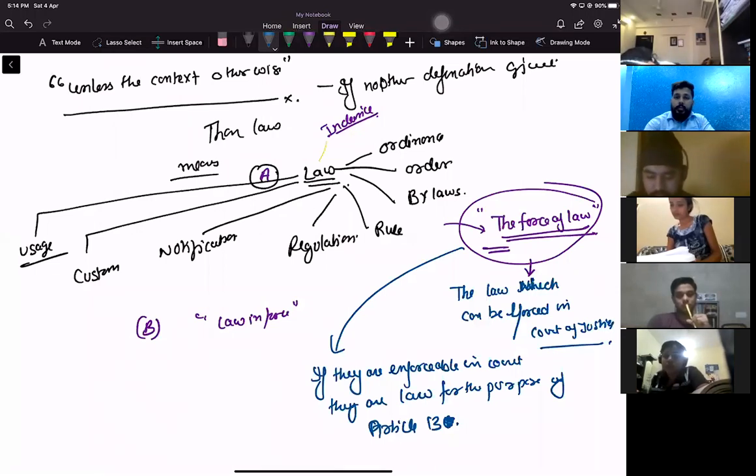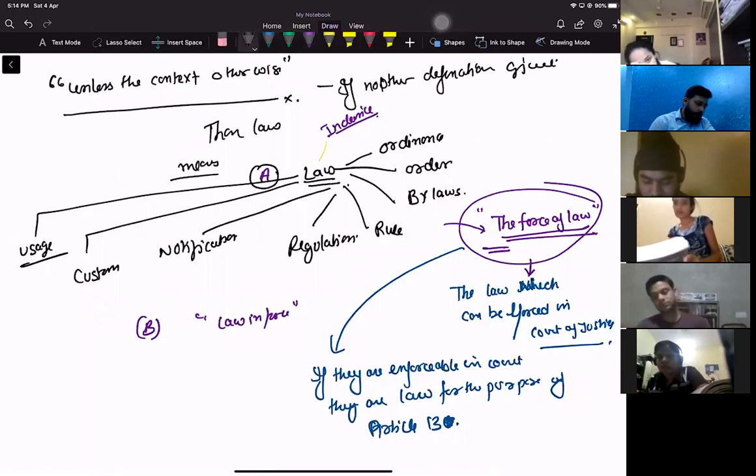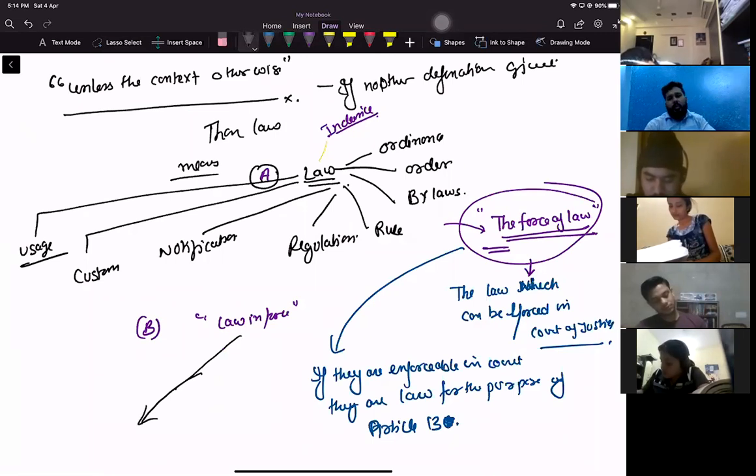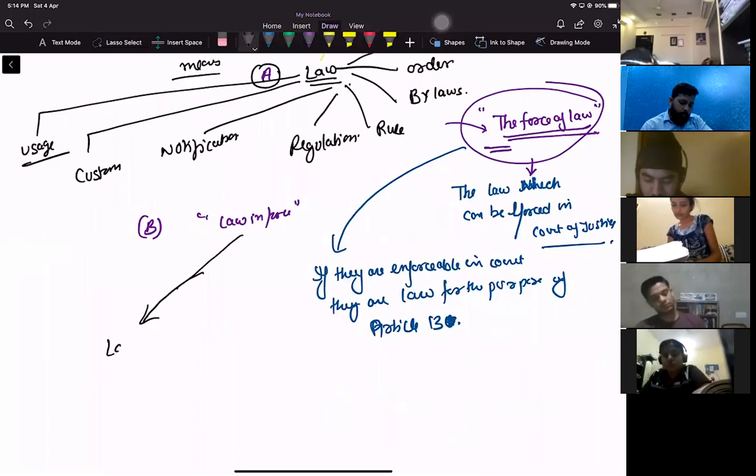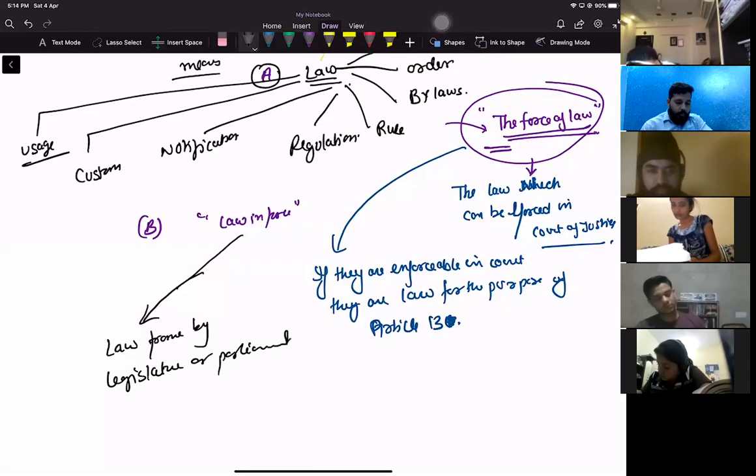Okay, so that is force of law. What do you mean by law enforce? Law enforce means general law framed by the legislatures or the parliament. Okay, so there are laws under 245, 246, 247, 248, 249, 253, and so many other provisions where the parliament has power to make laws.